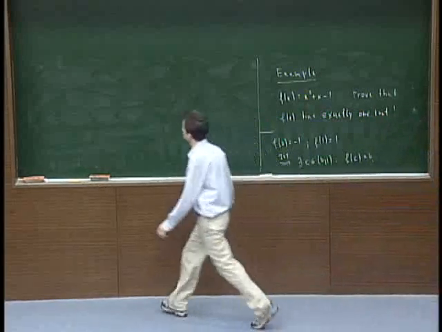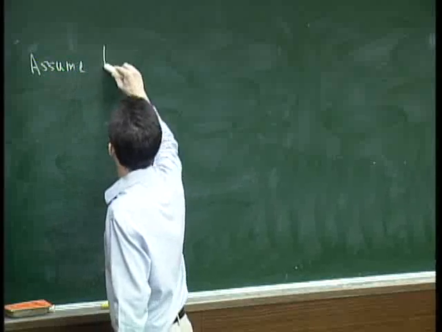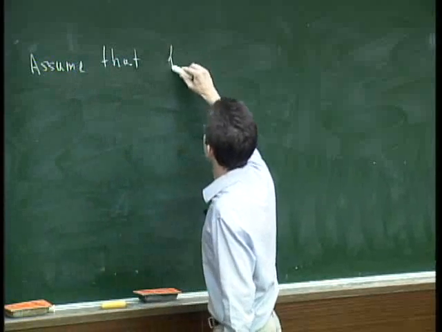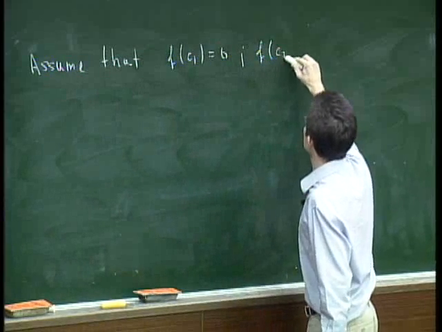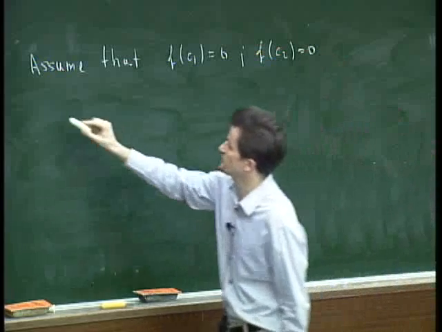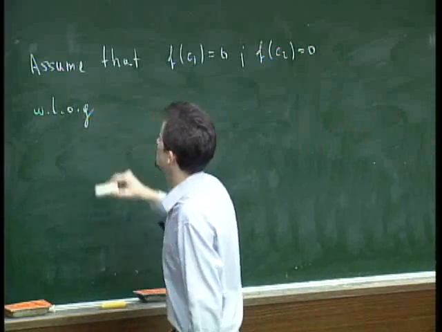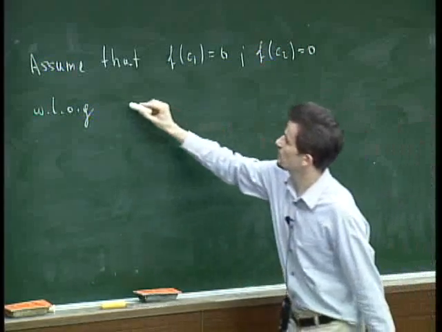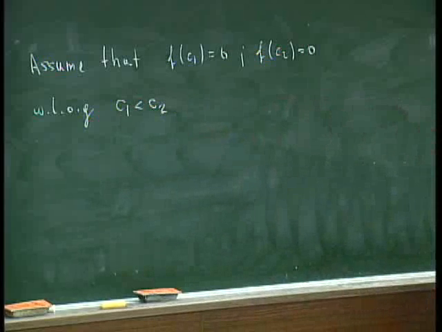Assume that f of c1 is equal to 0 and f of c2 is equal to 0 as well. Of course, without loss of generality, you can assume that c1 is smaller than c2. Otherwise you just change the name.